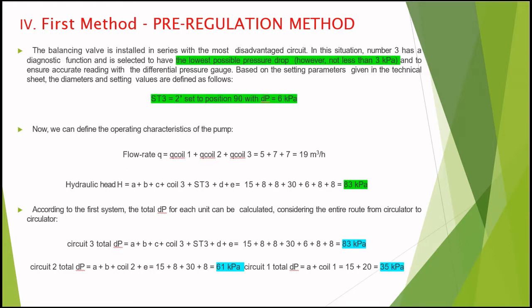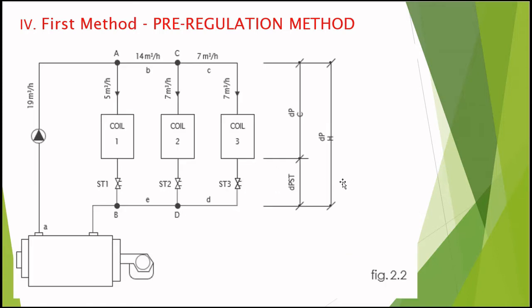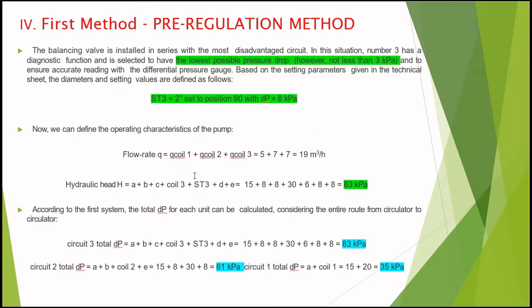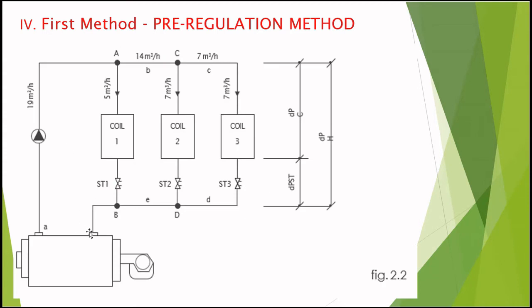As we substitute the figures, A plus B plus C plus coil 3 plus static 3 plus D plus E, because we are coming back to the end of the circuit here. So if we substitute the figures here, we get 15 plus 8 plus 8 plus 30 plus 6 plus 8 plus 8, which is equal to 83 kPa, which is delta H here.